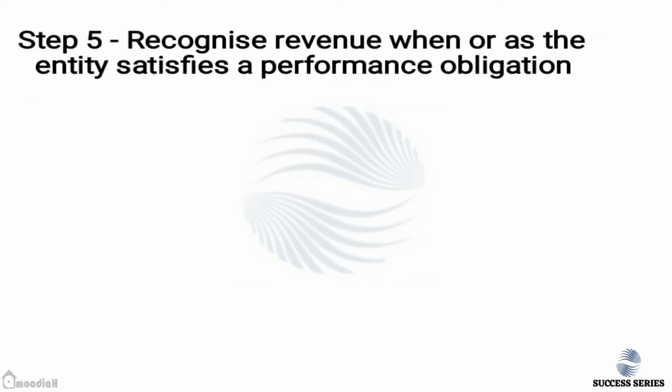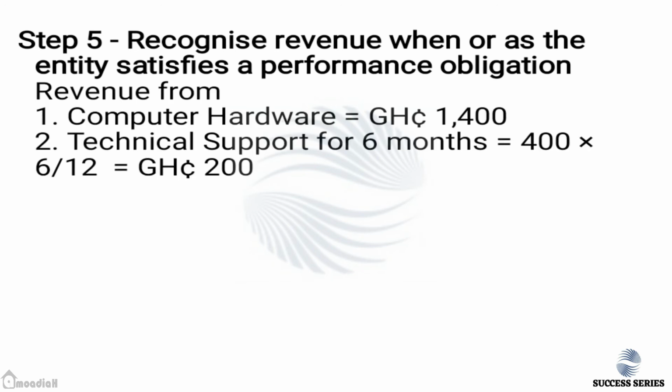Now let's move to step 5. In step 5, we are expected to recognize revenue when or as the entity satisfies a performance obligation. We know the performance obligations are two: the computer hardware and then the technical support. The revenue from the computer hardware is going to be the transaction price.